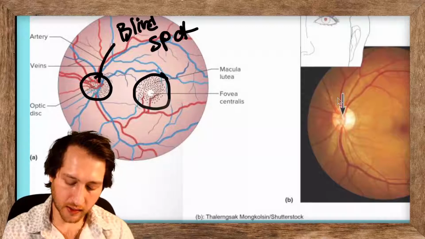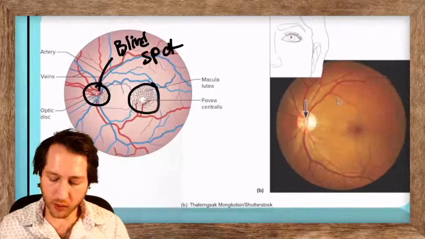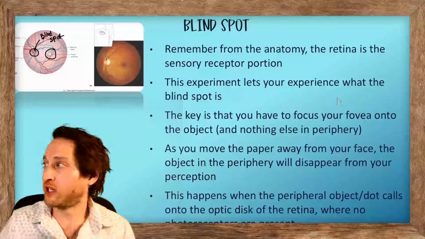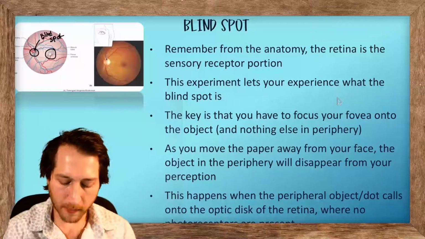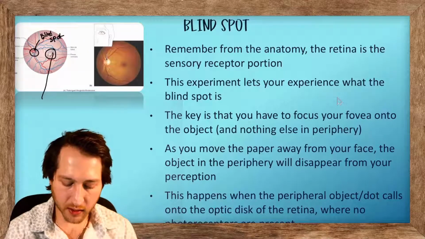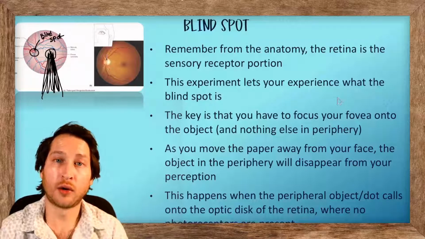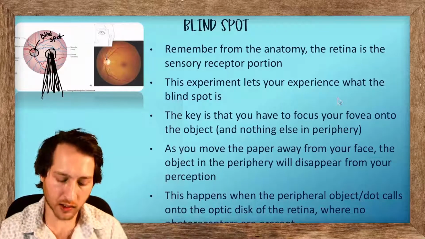All right. And so again, when we focus on things, when we're reading things, or you're looking at a friend across the room, the image is focused onto that retina. That's the key. That's where we have that high density of rods and cones. We have the high visual acuity.